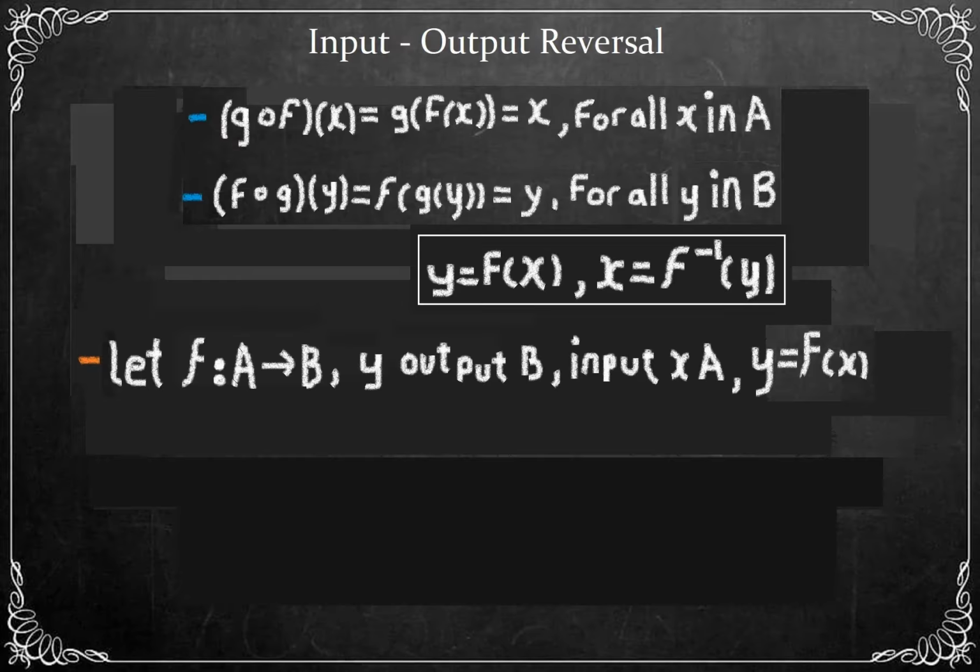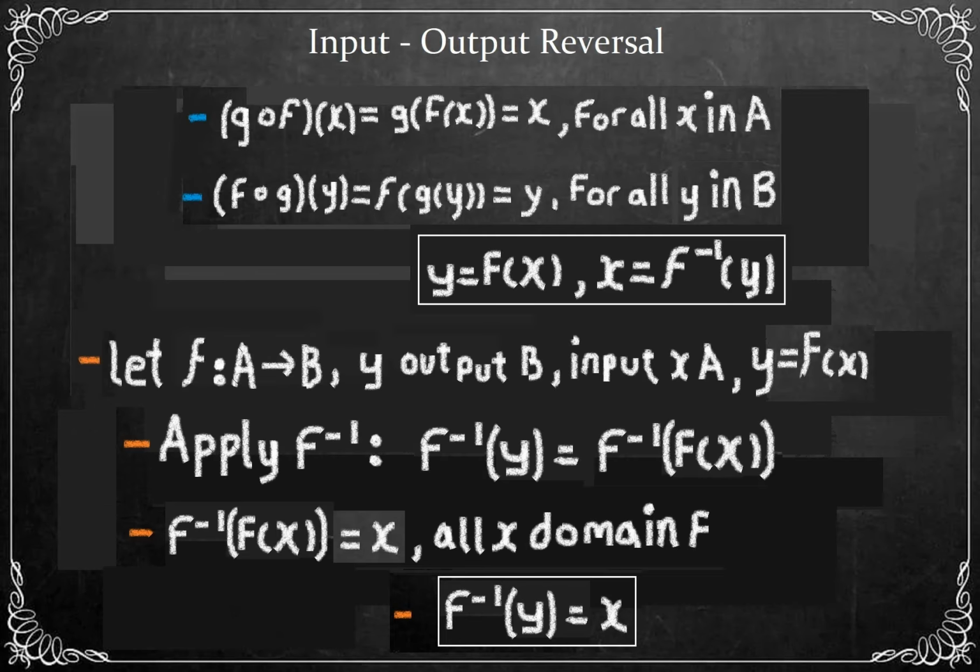Essentially, everything we just said compacted into one statement. Next, apply the inverse function to both sides of y equals f of x to get f inverse of y equals f inverse of f of x.